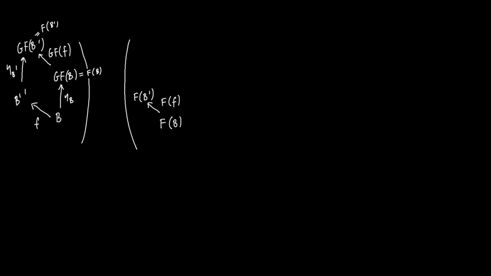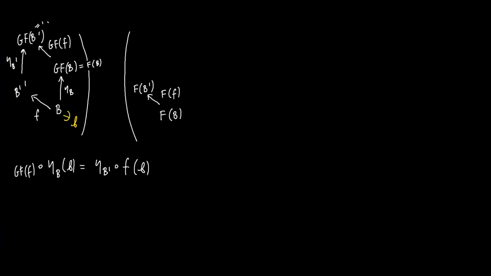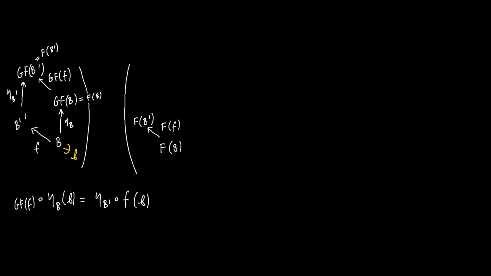So I begin with an element of B here. What do I want to check? I want to check that the composite eta B composed with GF of f equals eta B prime composed with f. That's what I want to check. And I will check that by applying both sides of the equality to an element in B, and then computing both sides and seeing that they give me the same result.